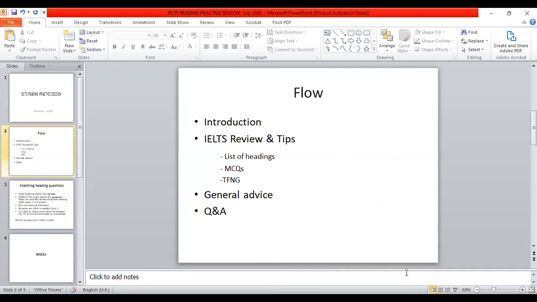So for people writing their IELTS very soon, I wanted to correct something I said earlier, that if like that question 37, you can just leave it. I would say that you can choose an answer and asterisk it.